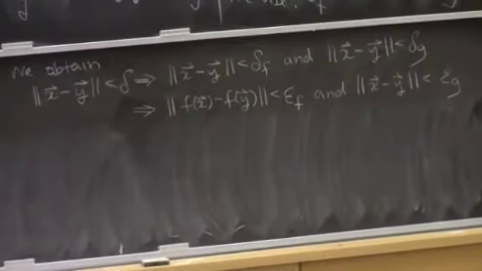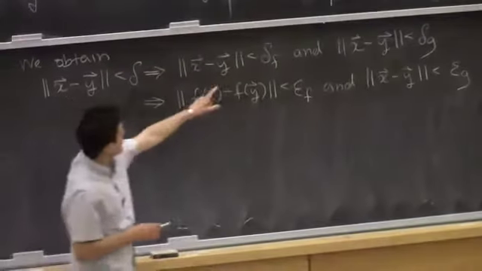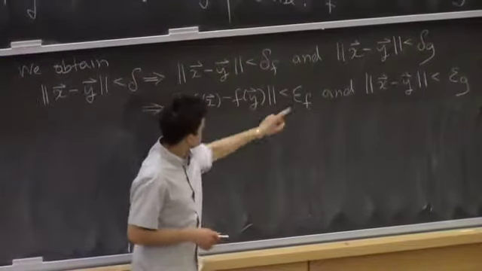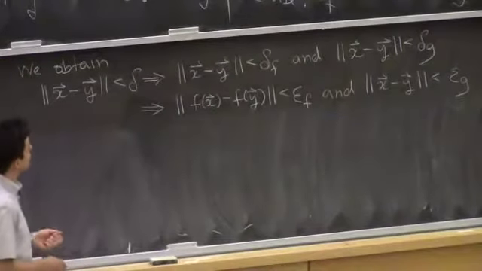Okay, so from our hypothesis, if we're less than delta f, then this is less than epsilon f. Good.